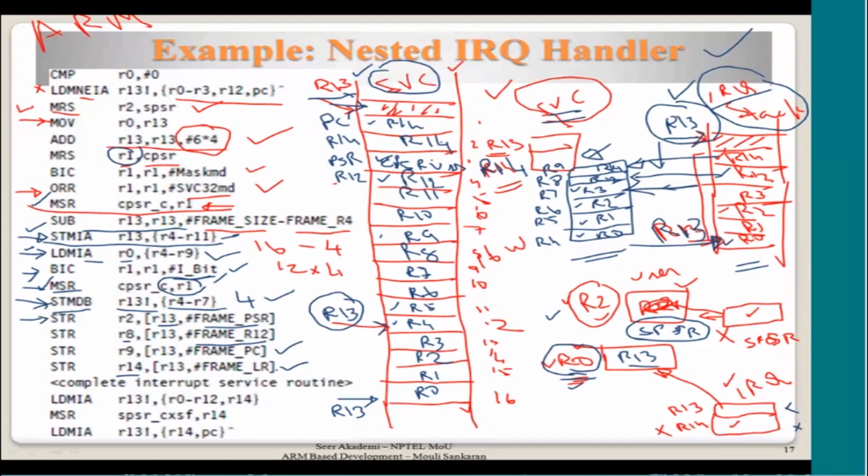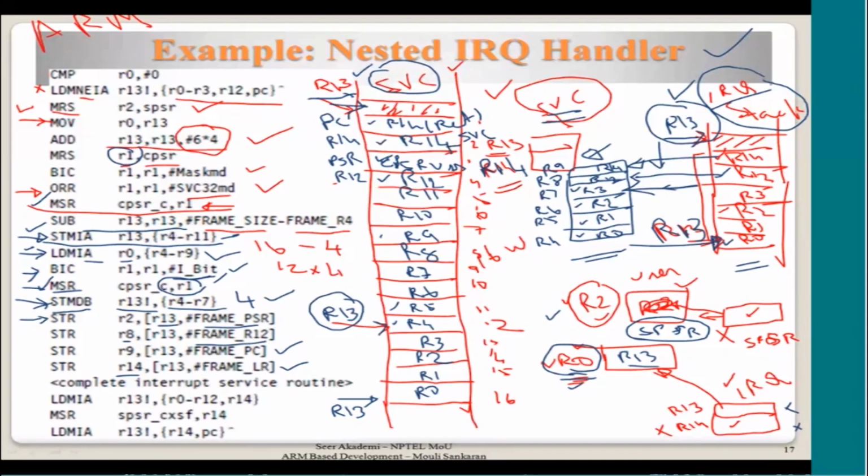So this is the SVC mode R14. Remember these two R14s are different. This is the return address originally to go back to the user mode, which is mapped to PC, and this is the SVC R14. We are just keeping it here.